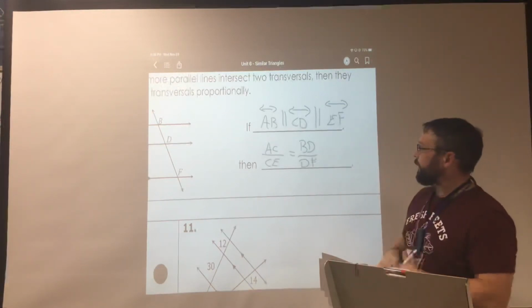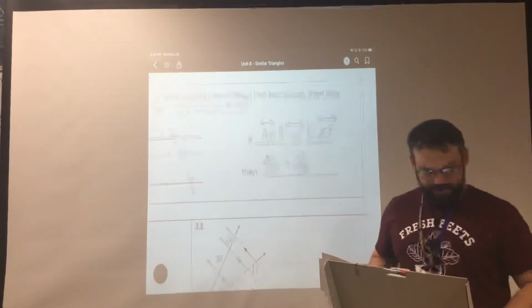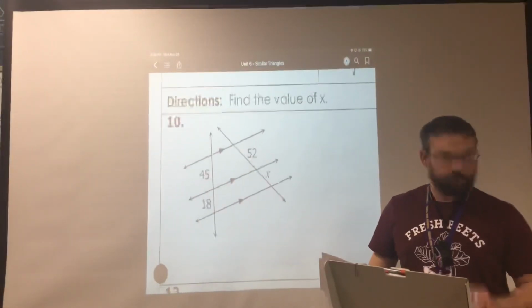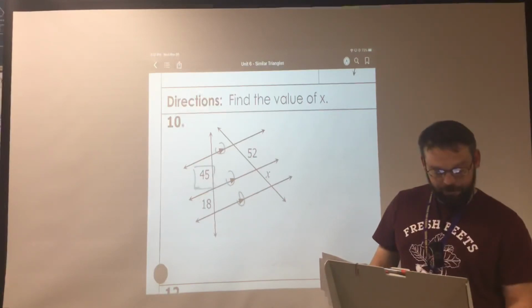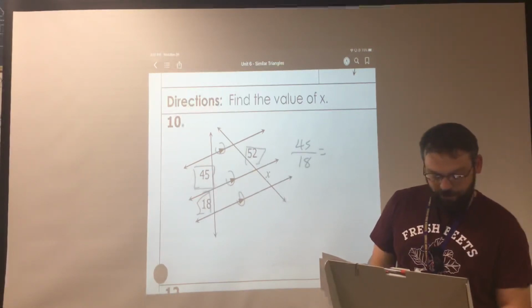So that's your statements. Okay, so let's just jump right in and try a couple of these, and then I'll turn you loose. With this one, they're telling me that these three lines are parallel. So what that means is I can set a proportion up, like 45 over 18 equals 52 over x.